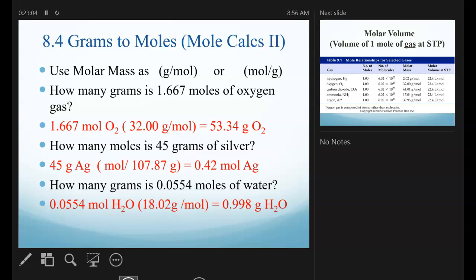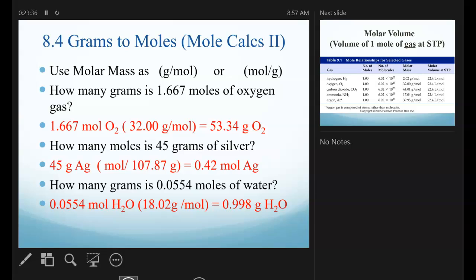In order to determine the molar mass of the compound, I have to find hydrogen. How many hydrogens do I have? 2. Then I have to find oxygen. How many oxygens do I have? 1. What do I have to do with those molar masses? Add them up, right? So 1.008 times 2 plus 16 gives you 18.016.